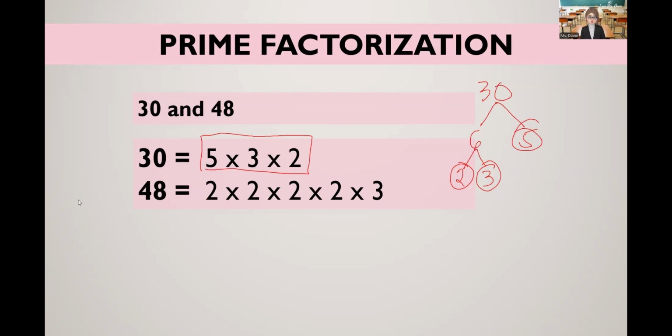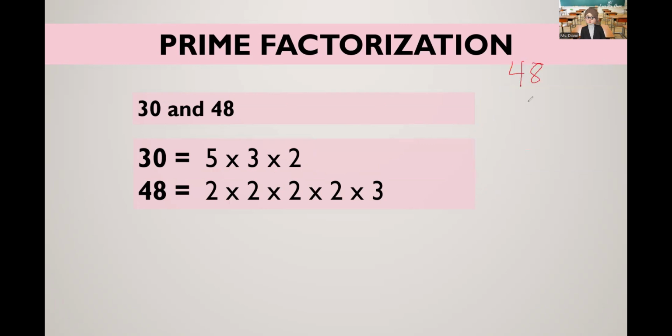Next up, how about 48? So let's factor out 48. We have 6 times 8. Factor out 6, that is 2 times 3. 8 is 4 times 2.